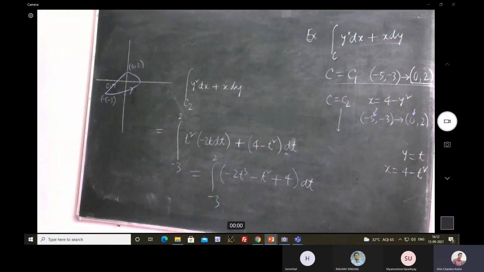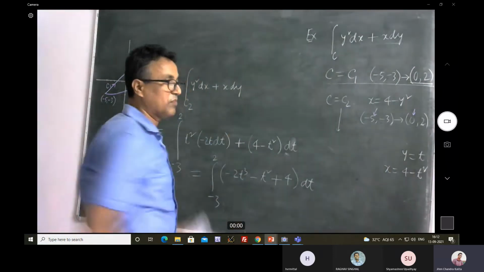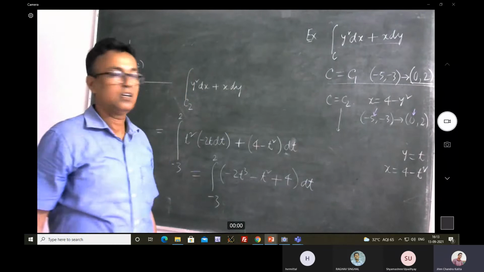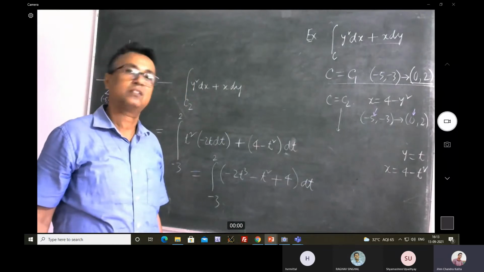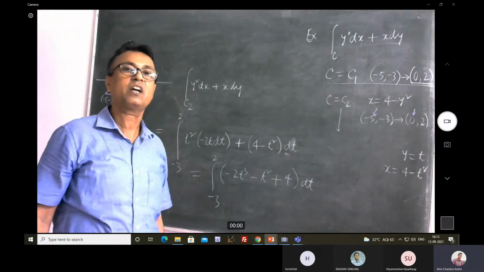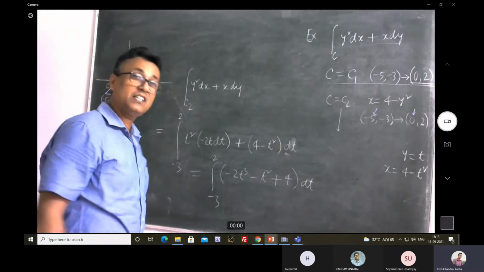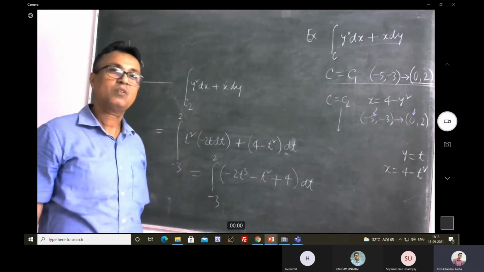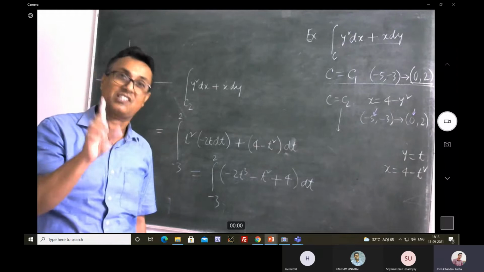Before that, here we are talking about line integrals with respect to x and y. The line integral we defined earlier, along a curve, can be called the line integral with respect to arc length. Whenever we say line integrals with respect to arc length, we are going to consider ds.